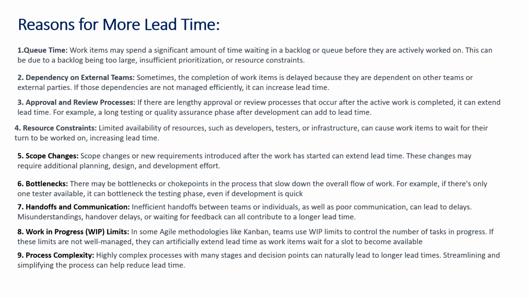In agile methodologies like Kanban, teams use work in progress limits to control the number of tasks in progress. If these limits are not well managed, they can artificially extend the lead time as work items wait for a slot to become available. Process complexity. A highly complex process with many stages and decision points can naturally lead to longer lead times. Streamlining and simplifying the process can help reduce the lead time.